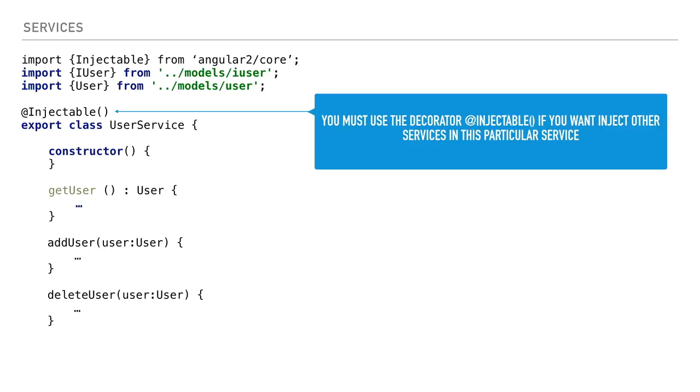This is a nice way to use services inside other services and then to create a hierarchy. For example, if we have this user service and it receives the login service injected, it could be passed through the constructor, and with this decorator, Angular will know that the values passed in the constructor should be injected by the framework.